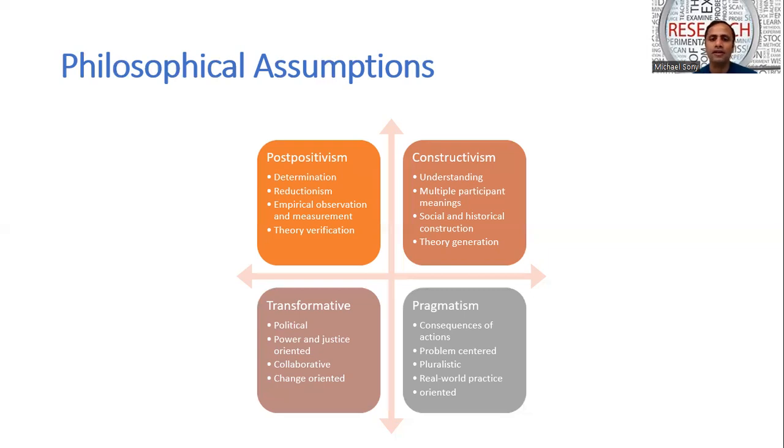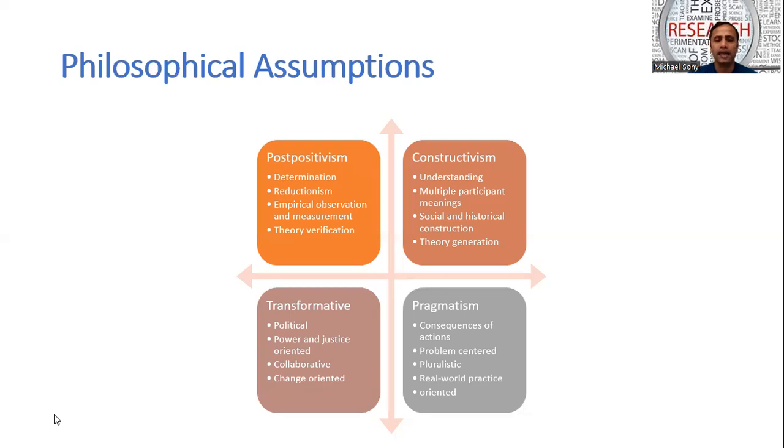And knowledge in the constructivism assumption is perceived as created from social and historical constructions. So these types of studies are more qualitative in nature, and are mostly used for theory generation.